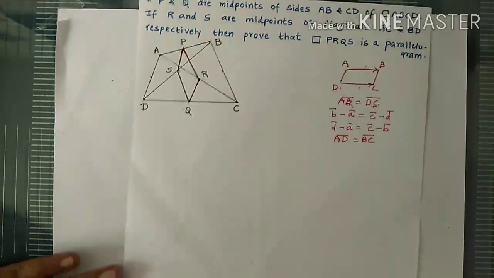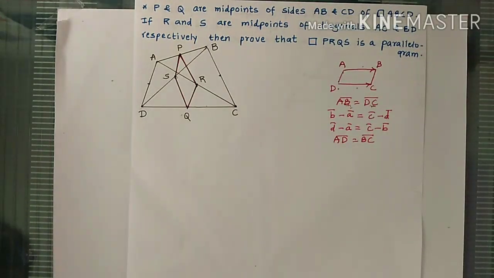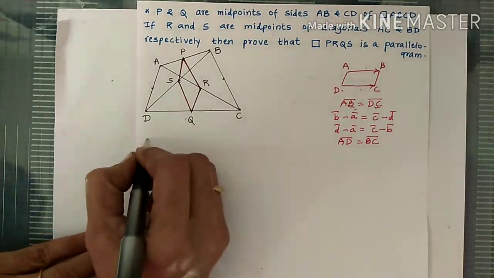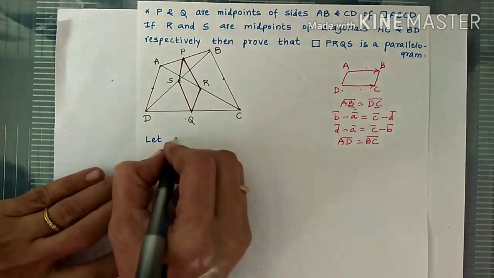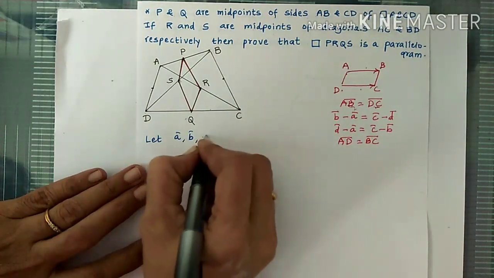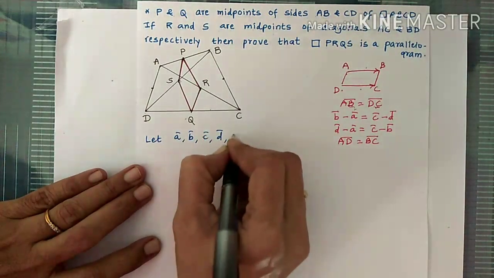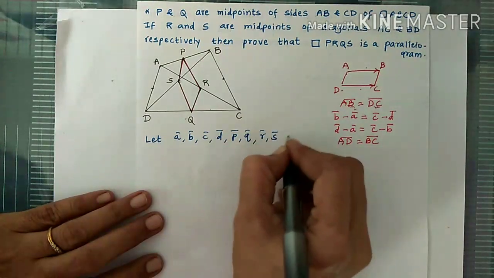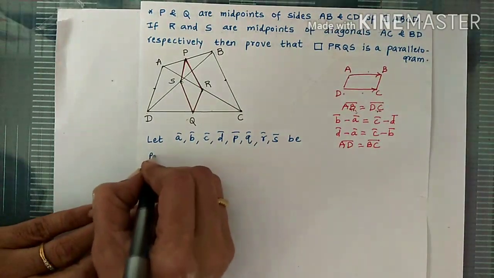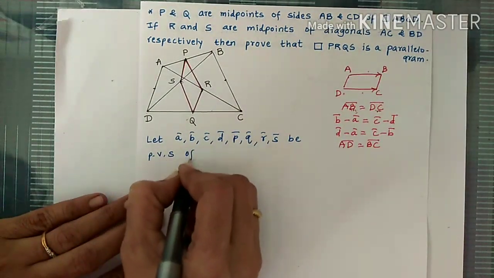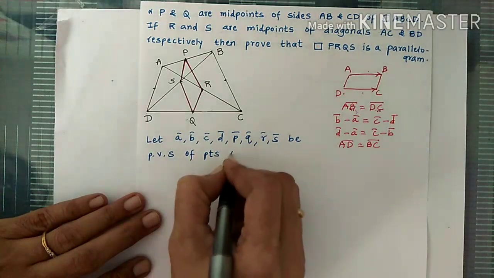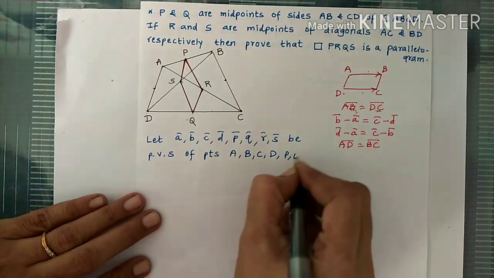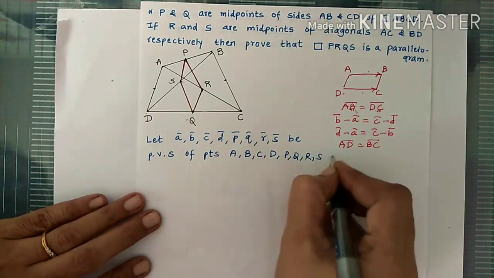So let's prove that. So what is given here is, first of all, let's use midpoint formula and let's write the position vectors. So for that, let's consider A bar, B bar, C bar, D bar, and we have 4 more points, P bar, Q bar, R bar, S bar, be position vectors of points A, B, C, D, P, Q, R, S respectively.